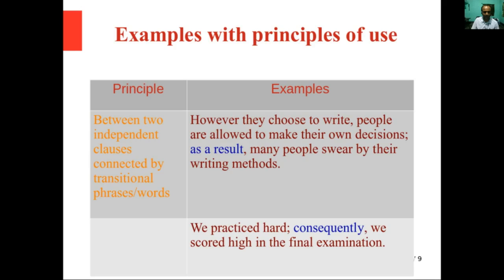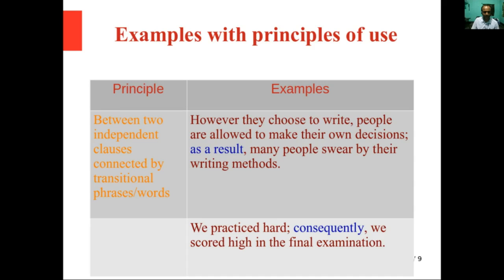Between two independent clauses connected by transitional phrases or words. We've talked about marking two independent clauses, but here we have got an addition, transitional phrase or words. So what are these transitional phrases and words? You understand that transition means to make a transition from one idea to another.